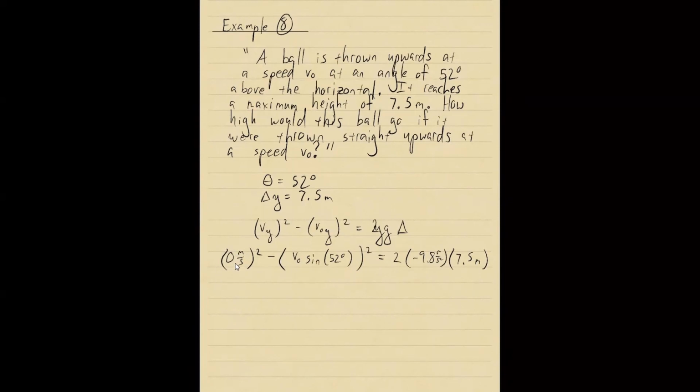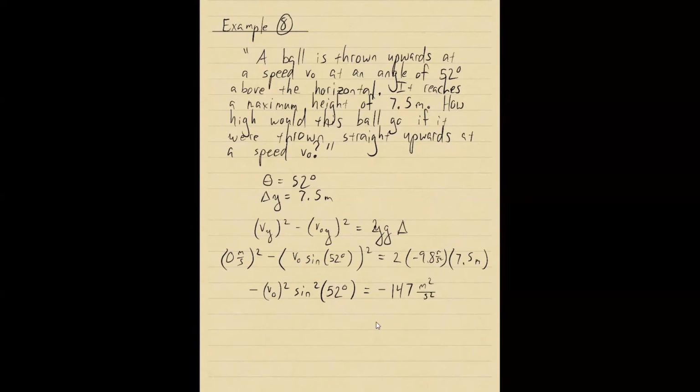On the left-hand side, we have 0 squared minus this stuff squared, so the left-hand side becomes minus V naught squared sine squared 52 degrees. And on the right, we have 2 times negative 9.8 times 7.5, which is minus 147, with units of meters squared per second squared.